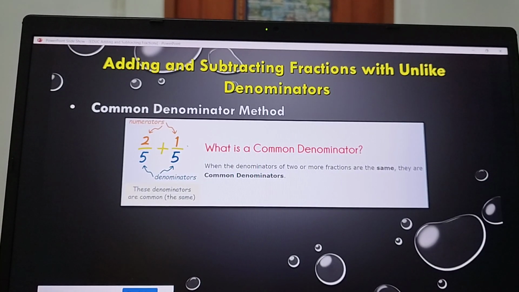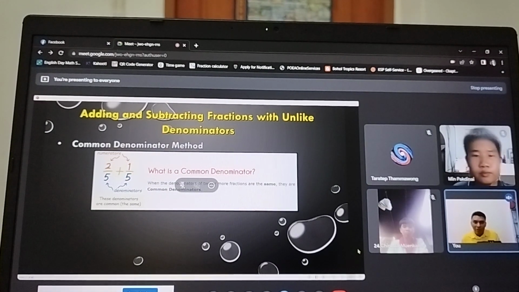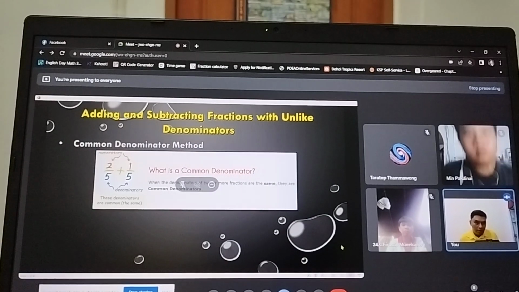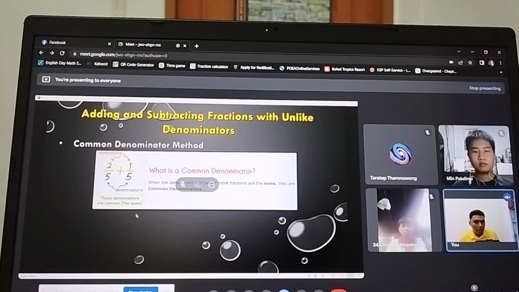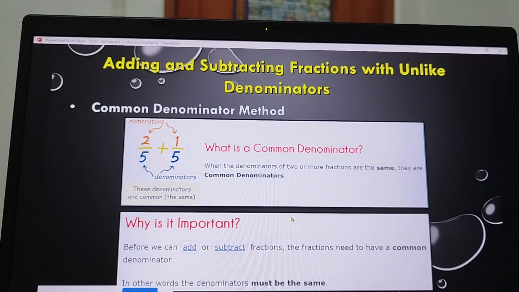When the denominators of two or more fractions are the same, that is a common denominator. Why is it important?